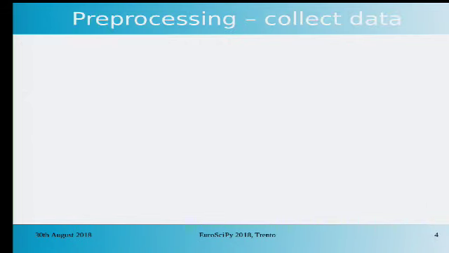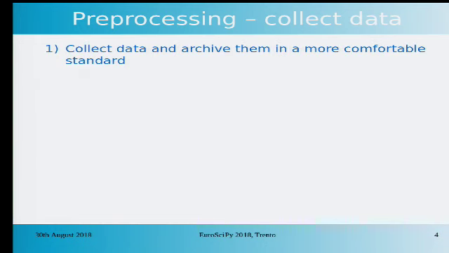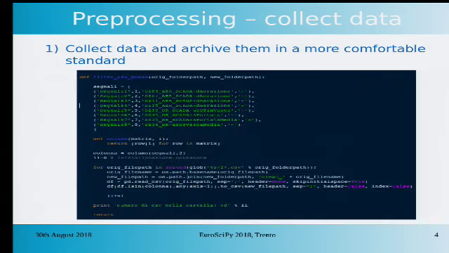We collect data first from the field. We have sensor probes and PCs on the plants, and we transmit data to our servers and our PC, and we use some definitions, some functions written in Python, to achieve data in a more comfortable standard, so that it can be used in a more comfortable way to analyze data.